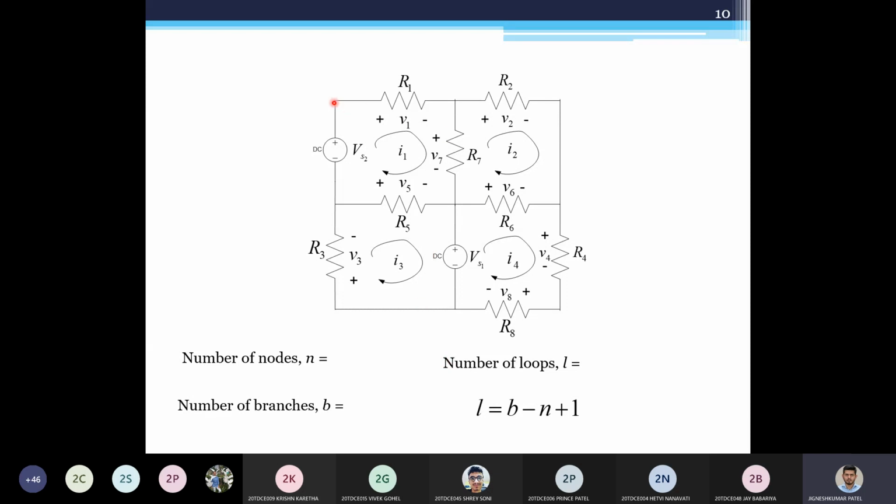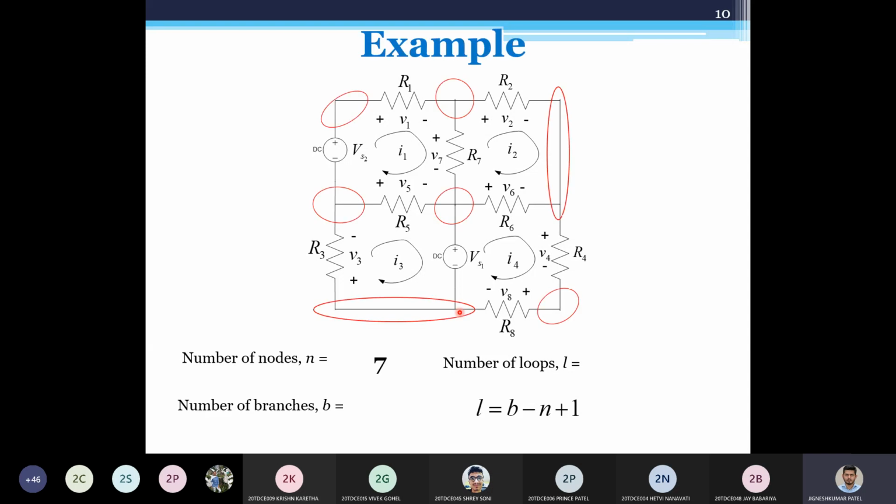And the number of nodes: 1, 2, okay, this is third, this line is combined. So third, fourth, fifth, sixth, and seventh. So I have a total of 7 nodes. So 10 minus 7 plus 1, I get 4. So I'll have 4 meshes in this case. I have identified each mesh like this: this is my first mesh, second mesh, third mesh, and fourth mesh.